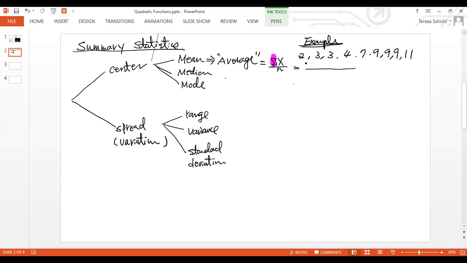This is 2 plus 3 plus 3 plus 4 and so on, all the way plus 11. How many do you have? 1, 2, 3, 4, 5, 6, 7, 8, 9. So you add all 9 together and then divide by 9. That's what we define as the mean.